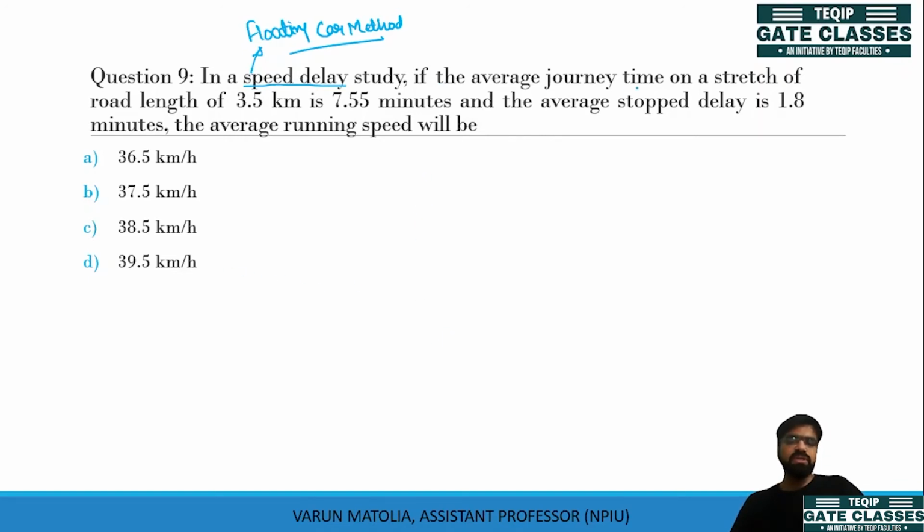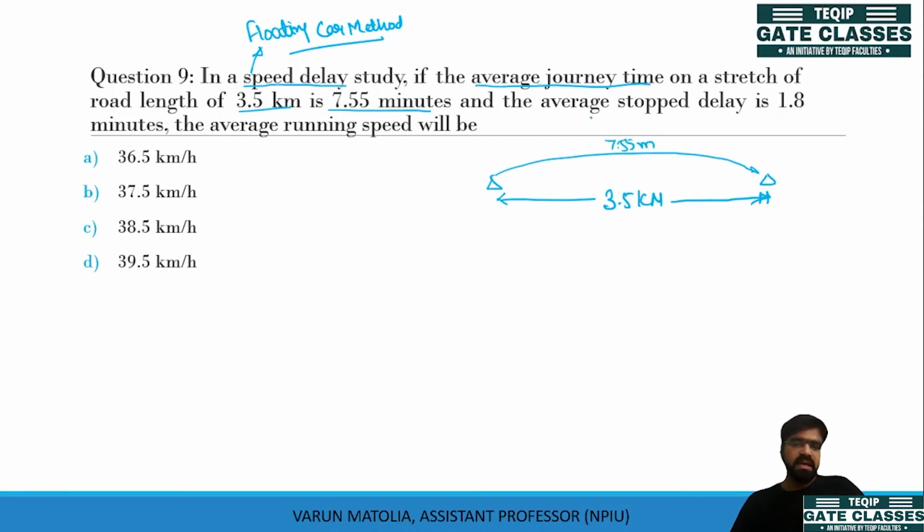If the average journey time on a stretch of road, we have stretch of road 1 and 2. The distance between these two is 3.5 kilometers. The average journey time given is 7.55 minutes. The total journey time from here to here is 7.55 minutes.